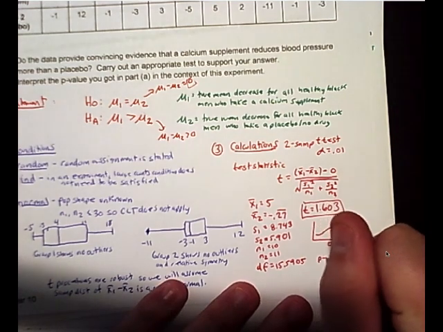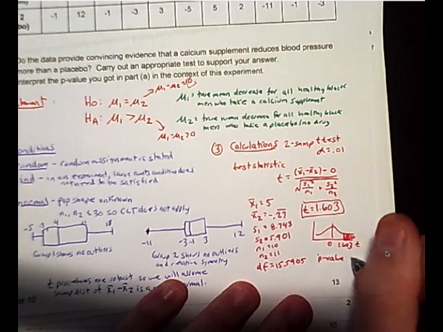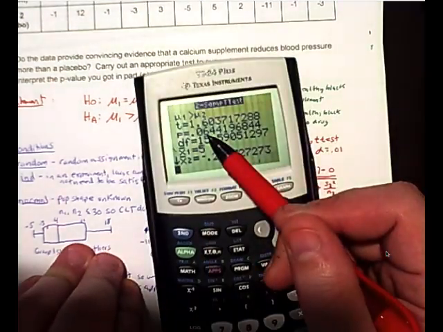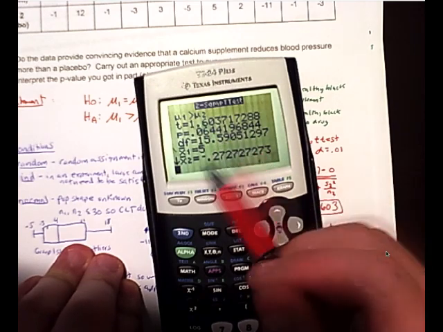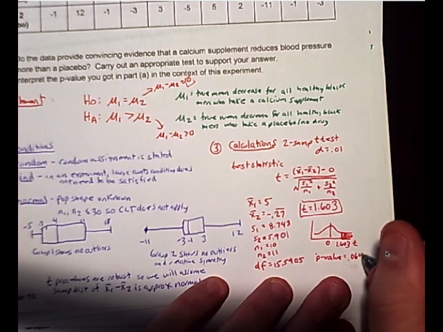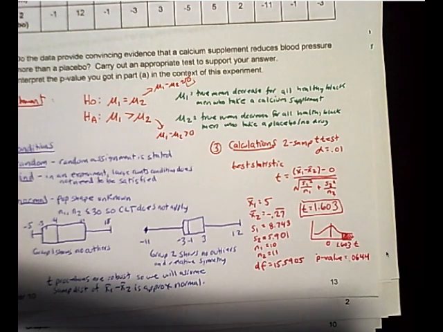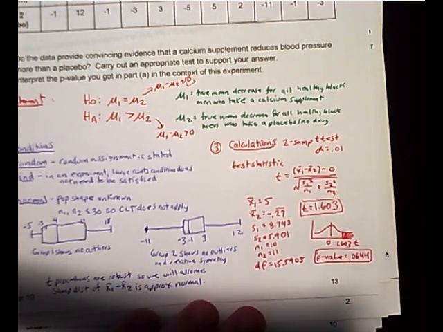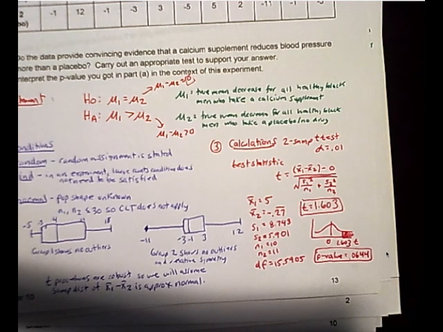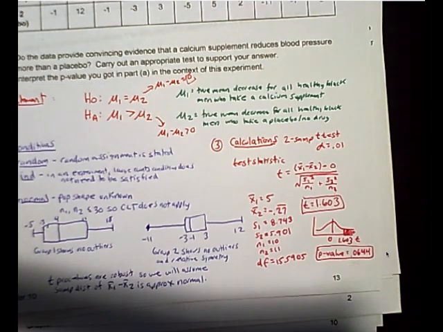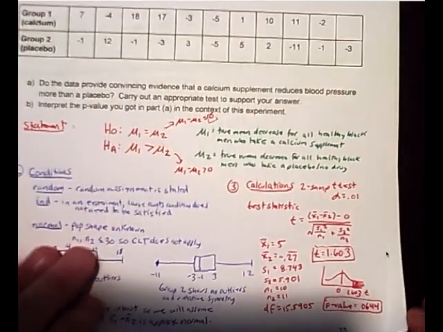So that would give you a p-value of, right here, 0.0644. That's the p-value. So that's the whole purpose of the calculations in a hypothesis test, to get your test statistic and to get your p-value. All right.